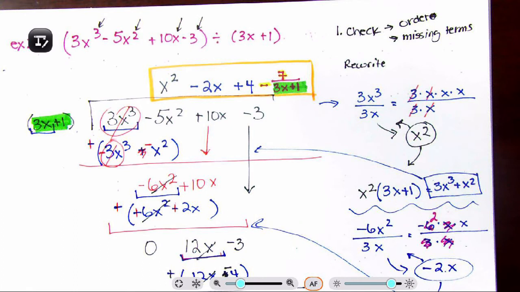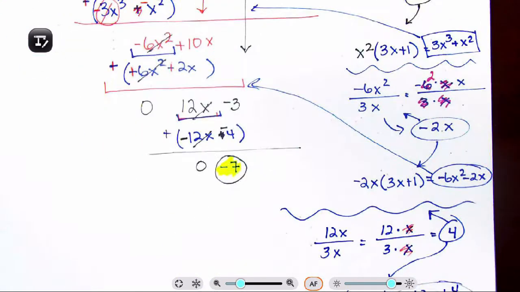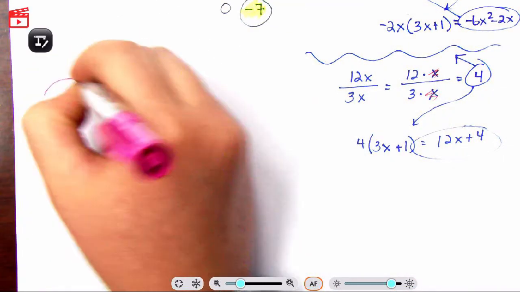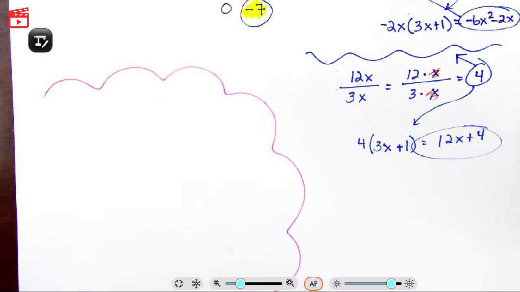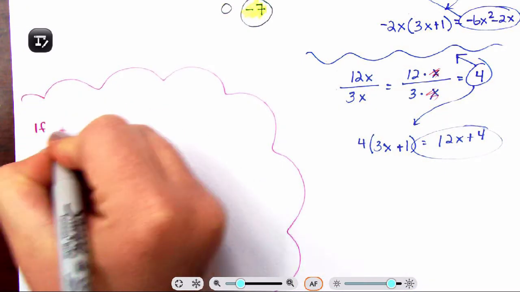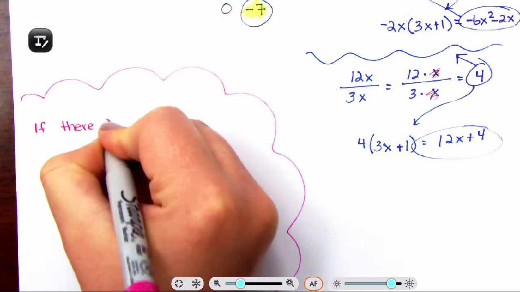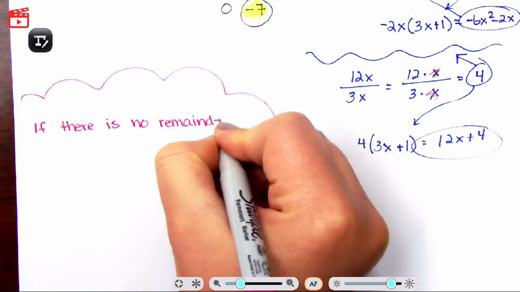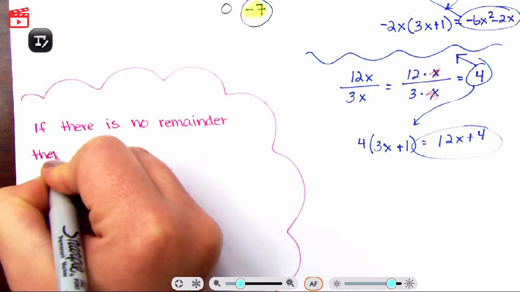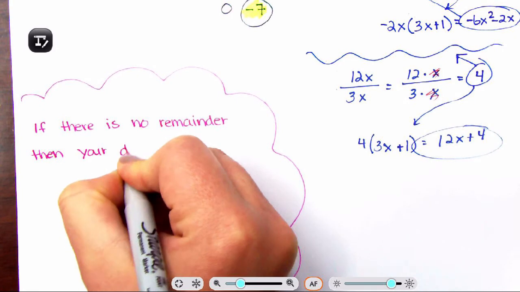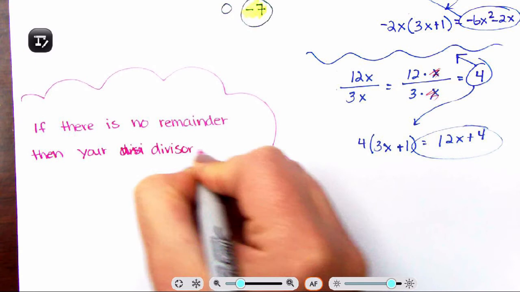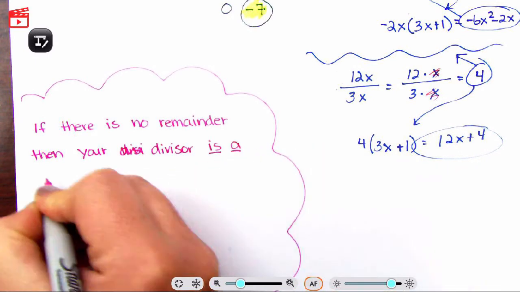All right, beautiful people, I'm actually going to separate this into 2 videos, so we'll do synthetic division in a separate video, but there's one last thing I want to mention before we take off. This is going to be in a thinking bubble. So if there is no remainder, then your divisor is a factor.